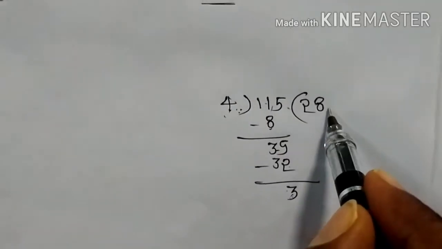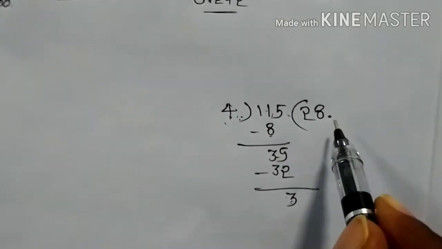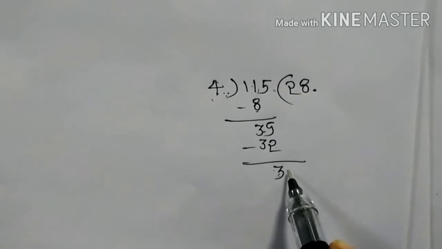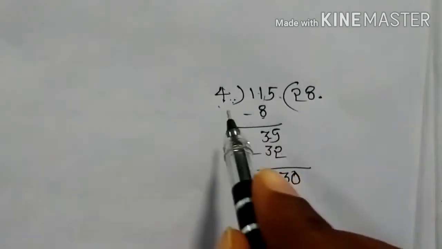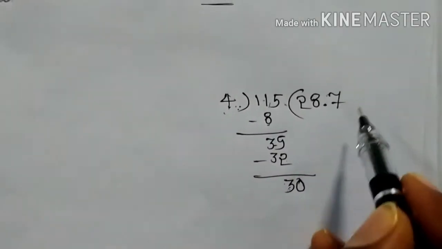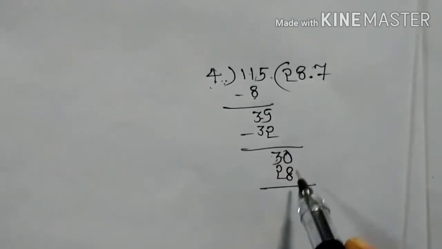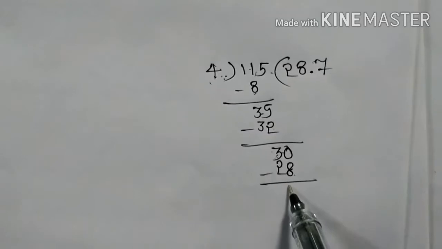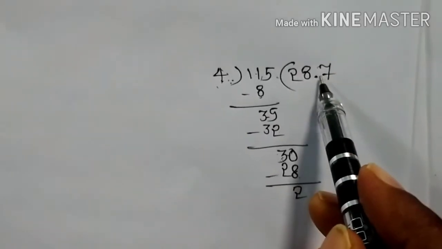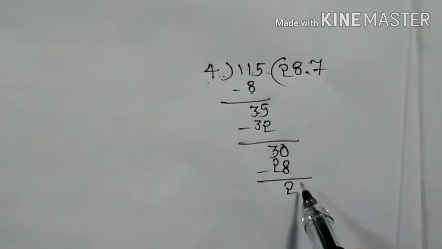So now you keep the decimal point. If I keep the decimal point here, you write 1 0. Now 4 sevens are 28. The remainder is 30 minus 28, which is 2 only. Since we already kept the decimal point, you can take one more 0.